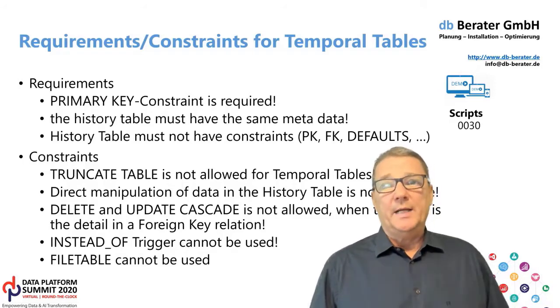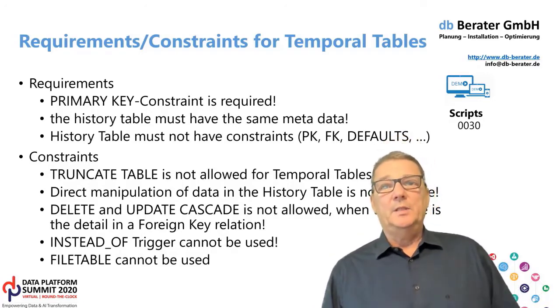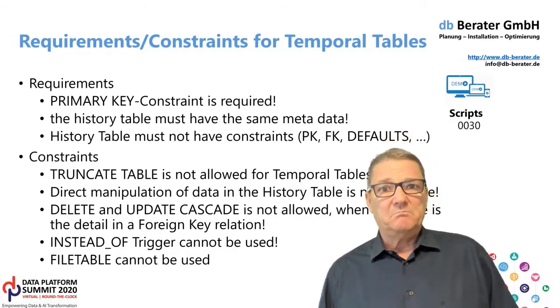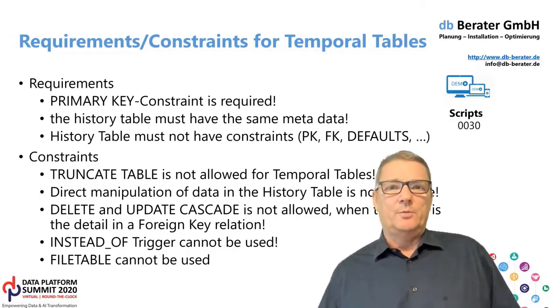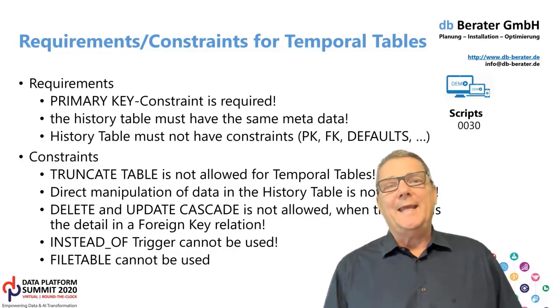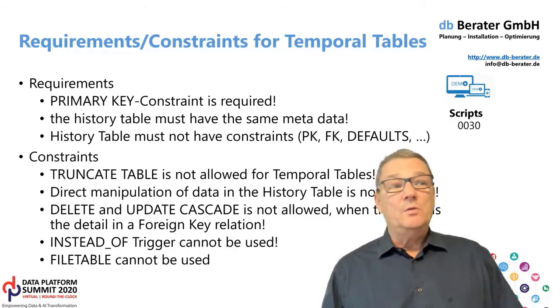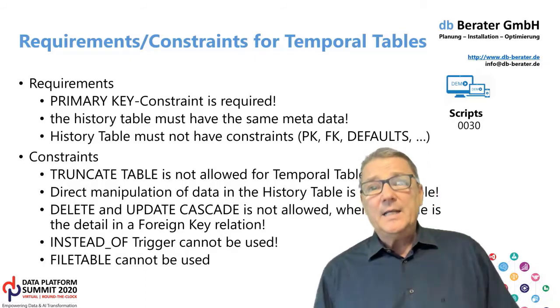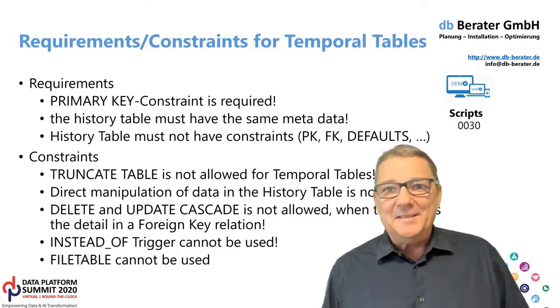Some constraints we have when dealing with temporal tables. TRUNCATE TABLE is not allowed for temporal tables. Truncate table is not a data manipulation language operation. It is a DDL, data definition language operation, which means that we deallocate pages. So we do not remove row by row, but we deallocate all the pages where my rows are stored. Direct manipulation of data in the history table is, for God's sake, not possible.